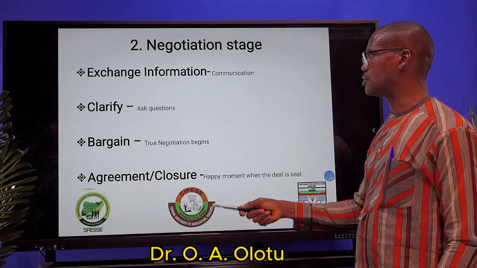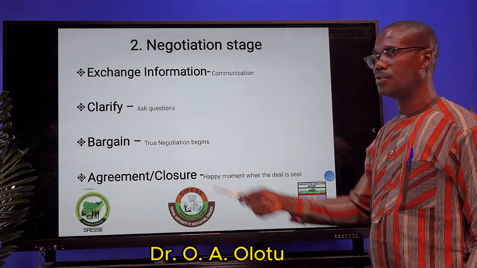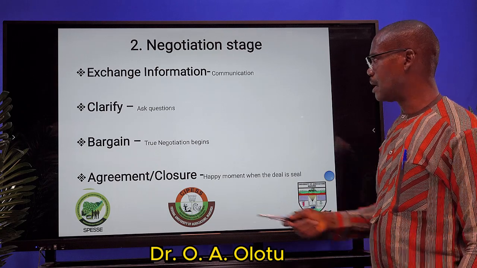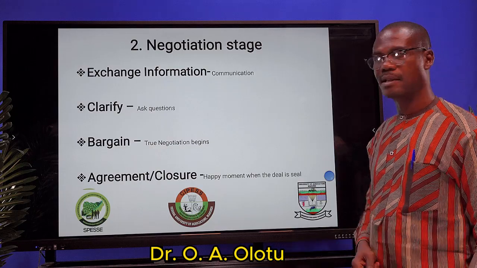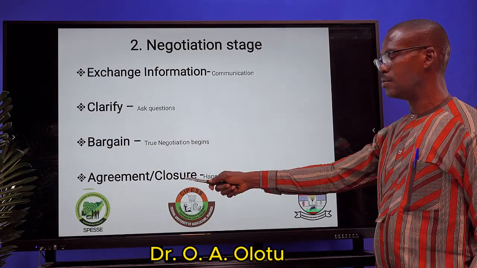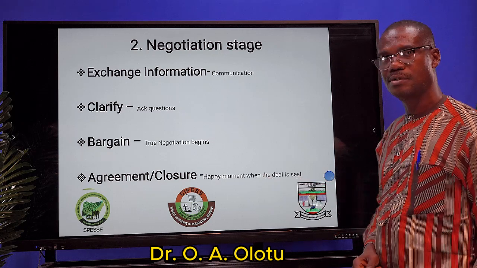Then after clarification of certain gray areas, you go into bargaining proper, and that's when the true negotiation begins. Then after you are done with your bargaining, you sign an agreement and then you close the deal.